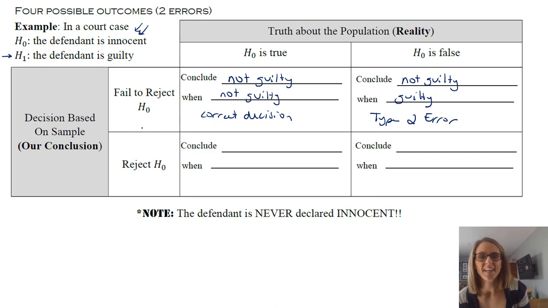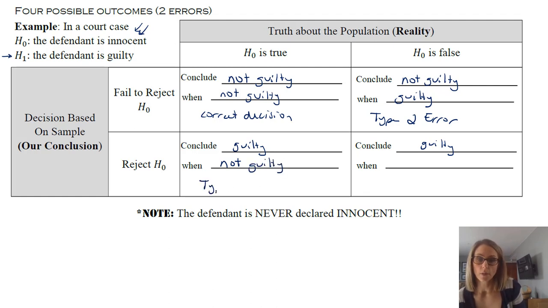Okay. Now, another thing that could happen is if you reject H naught, in this case, you're rejecting that the defendant is innocent, you are concluding that the defendant is guilty. But there's 2 situations. If H naught is true, if the defendant is actually innocent, then you concluded guilty when the defendant was actually not guilty.